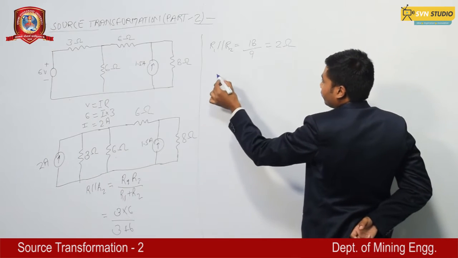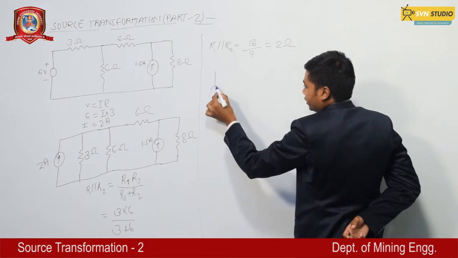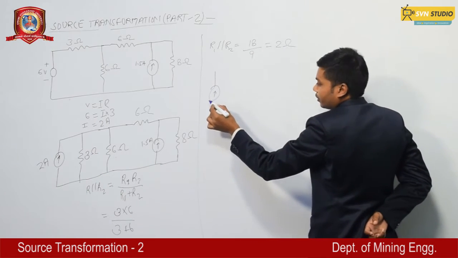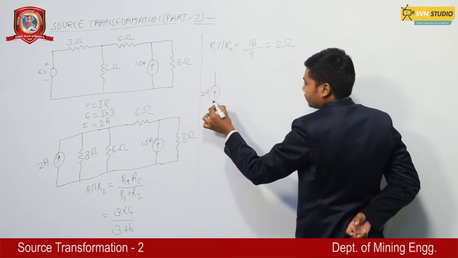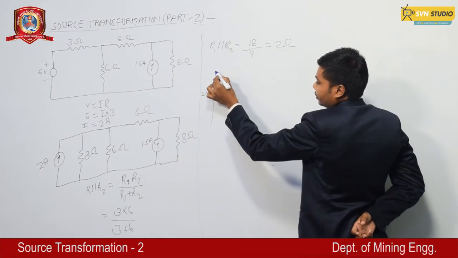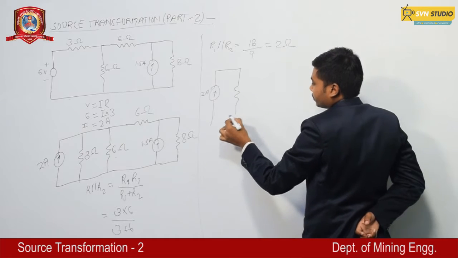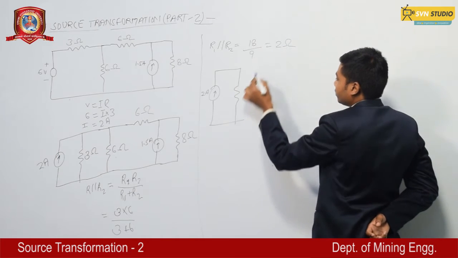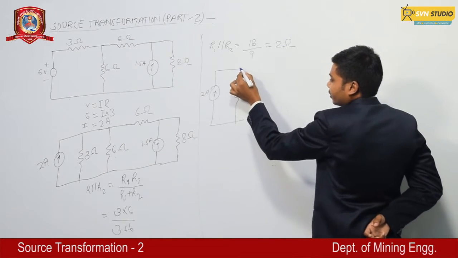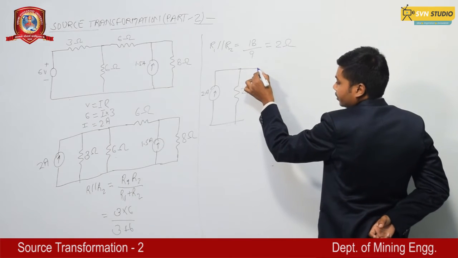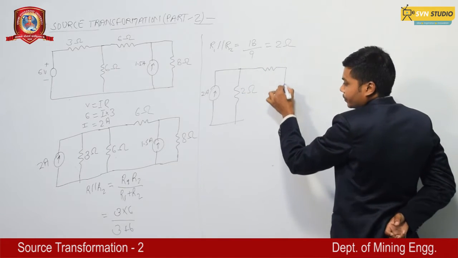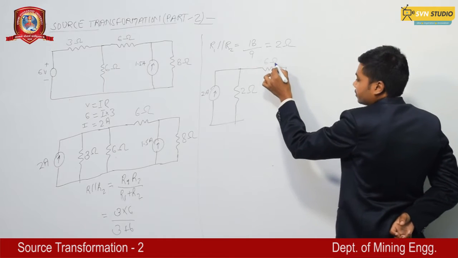So, now the circuit will change like this. It is a current source of 2 ampere. Now, this is the equivalent resistance which is 2 ohm, and now this is the 6 ohm resistance.